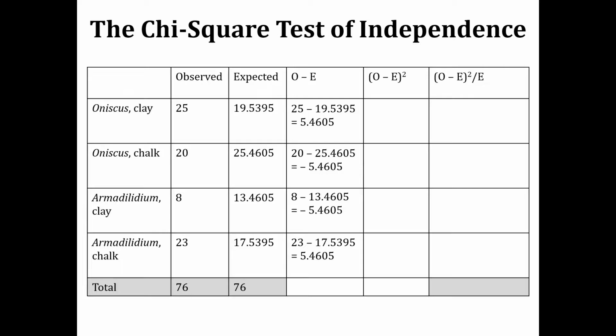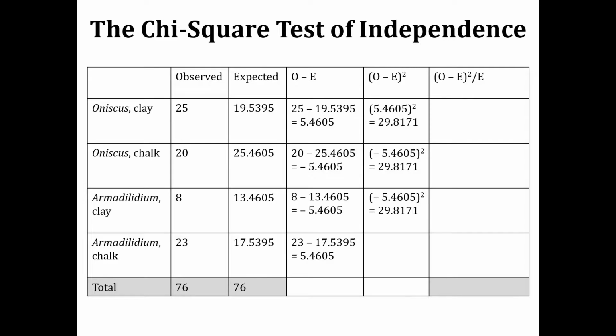In the next step, we are going to calculate the square of the difference between the observed and expected frequencies. The square of the difference between observed and expected frequencies of Oniscus clay is 29.8171. And for the next cell, which is Oniscus chalk, again the square of the difference is 29.8171.